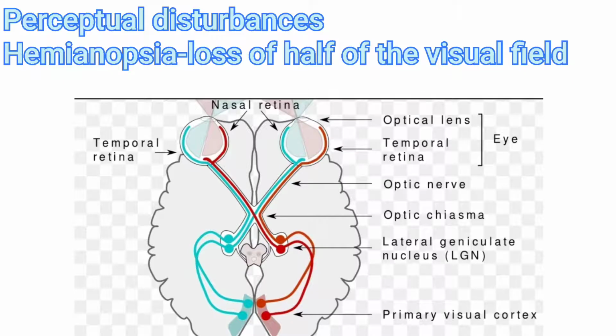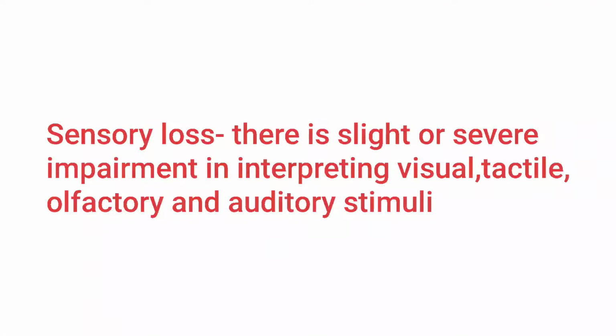You remember we said if the person has left hemispheric stroke, the right visual field will be lost, or there will be right visual deficits, and vice versa. Sensory loss: there is slight or severe impairment of touch, difficulty in interpreting visual, tactile, and auditory stimuli.